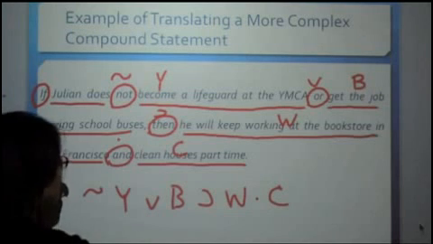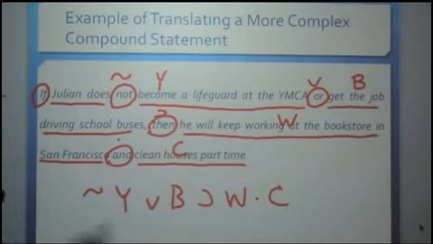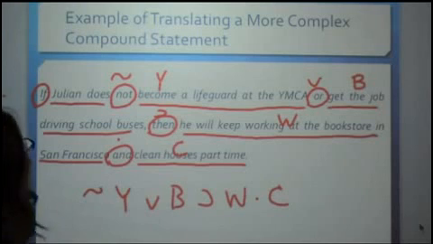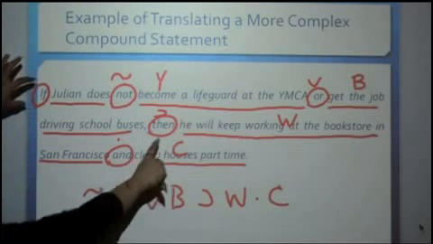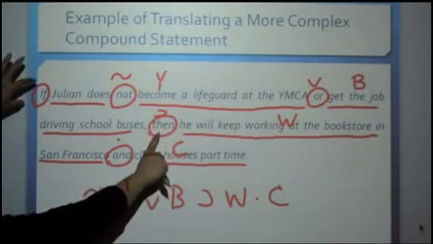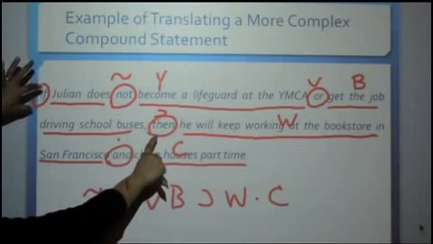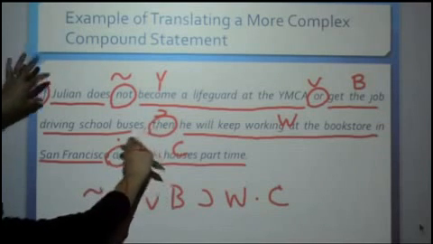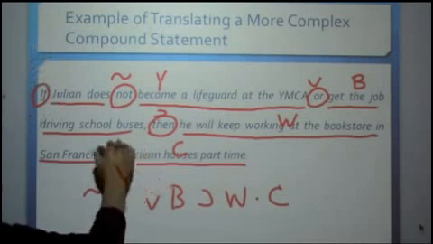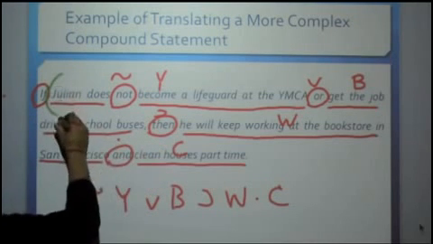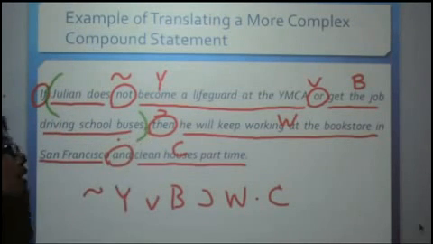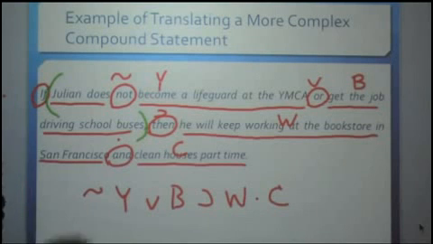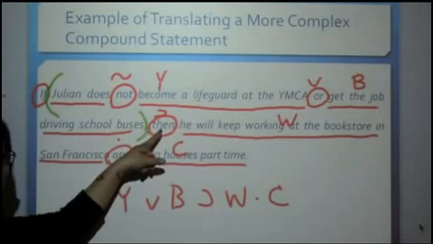Now, one thing that you can do is, when you see an if-then, remember that everything that comes after the if, before the then, will be the antecedent. So we know that everything from this point to this point makes up the antecedent of the if-then conditional statement.